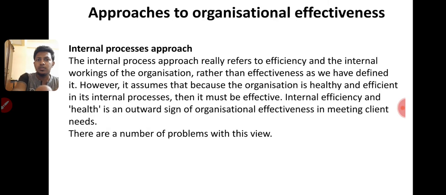That is the system approach. The internal approach really refers to the efficiency and internal working of the organization rather than effectiveness. We assume the organization is healthy, with an efficient internal approach, so there must be effective internal efficiency. It means we have to increase the effectiveness. If we increase the effectiveness, that is efficiency. Innovative means increasing the output.